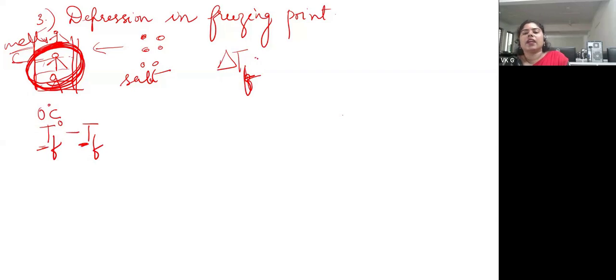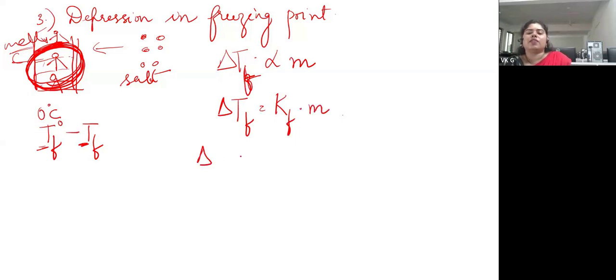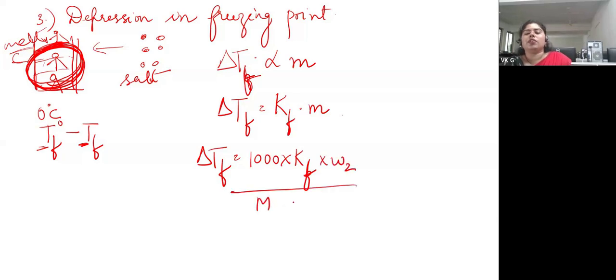So delta TF, again, you blame it on molality itself, because it is almost the same concentration term. So delta TF will be equal to, here we need a constant, that is KF into molality. Or you can also write the last formula as delta TF is equal to 1000 into KF into W2 divided by M2 into W1. Same formula, nothing changed here.